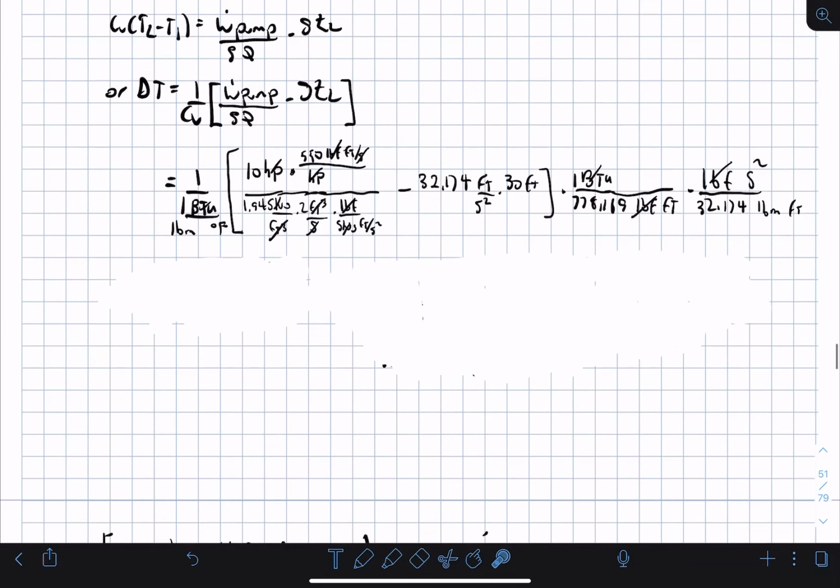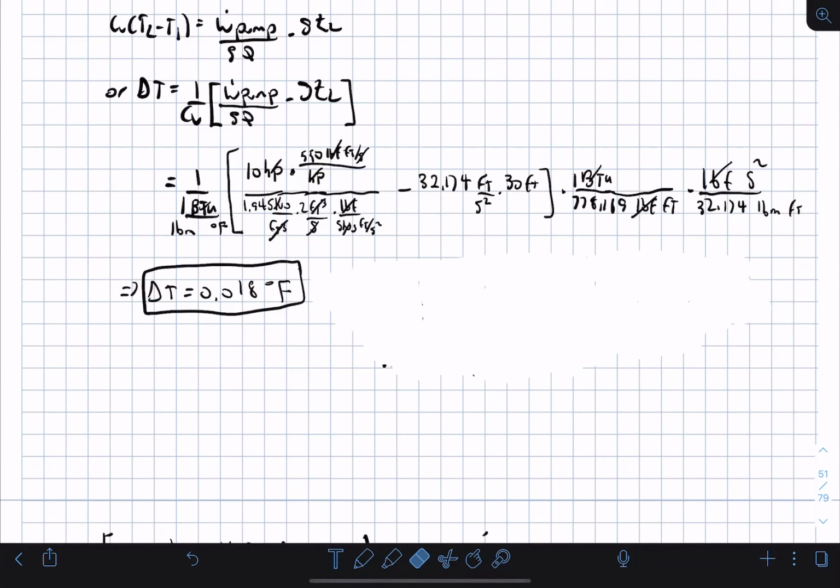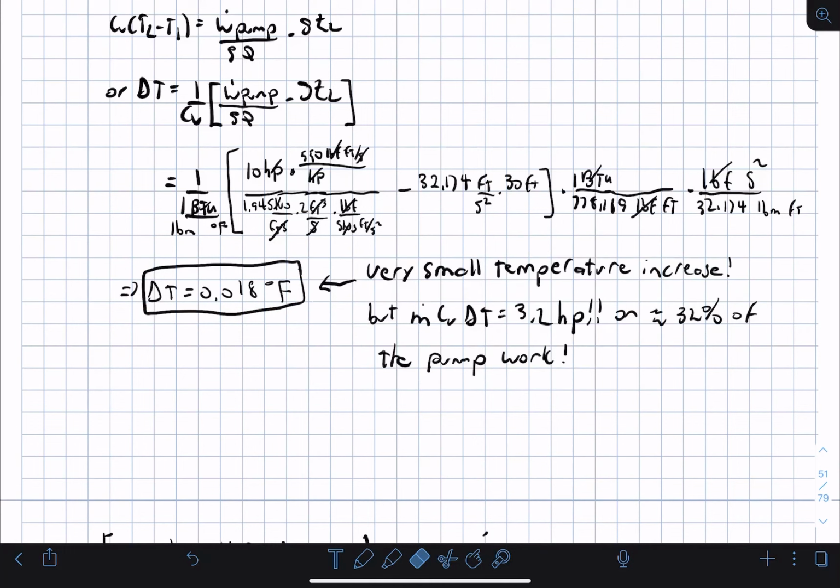But at any rate, if you calculate that temperature difference, you'll get that delta T is approximately 0.02 degrees Fahrenheit. So this is a very small temperature increase.